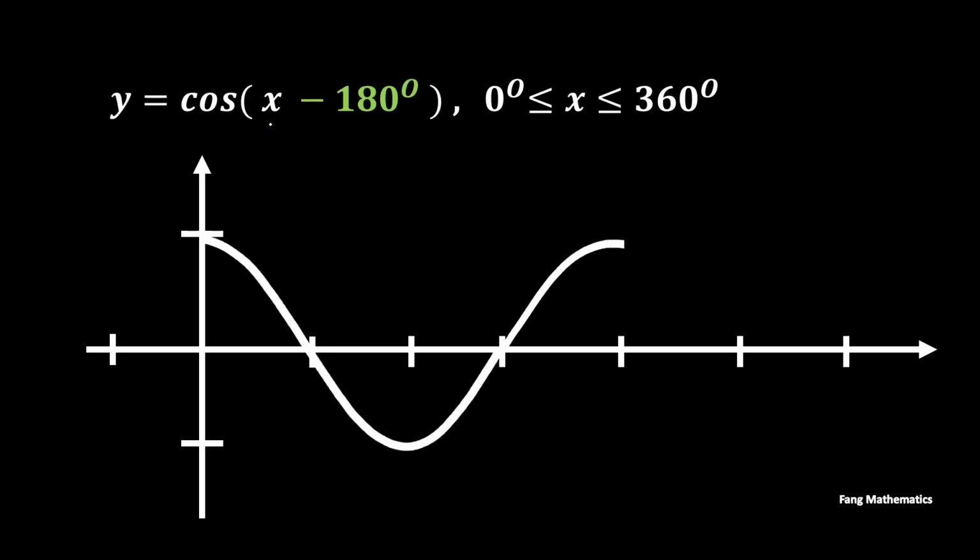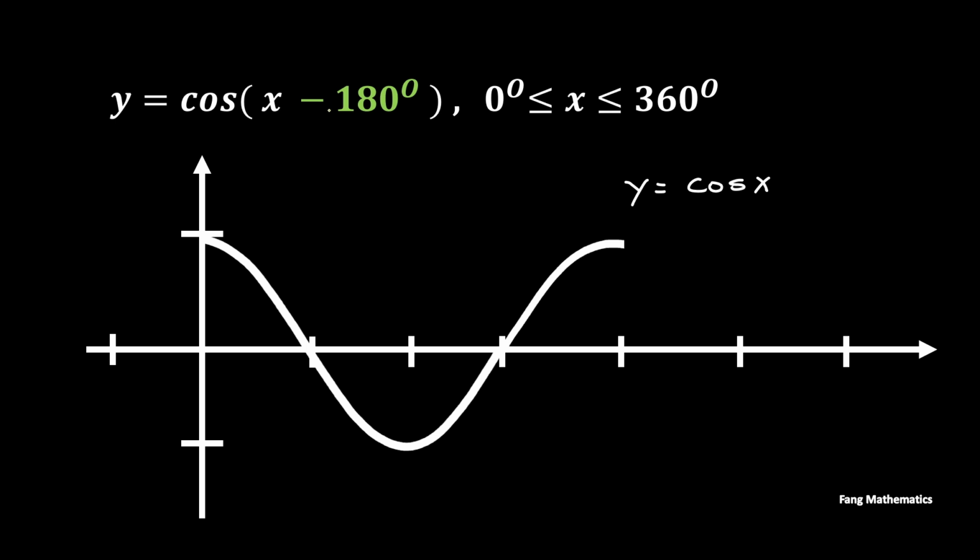Moving on, we are going to graph the trigonometric function in which we perform minus 180 degrees inside the parentheses. Remember, when you're doing shifting questions, you always draw the original function that has not been transformed. In other words, y equals cos x. Then you determine the transformation that is being made.